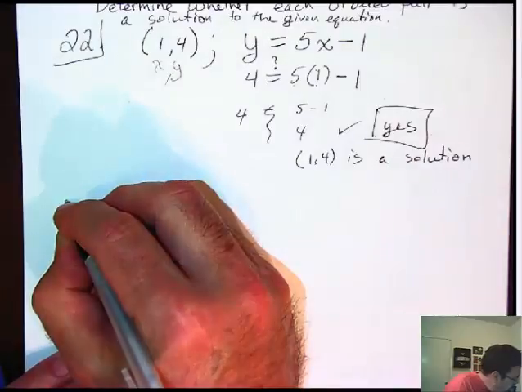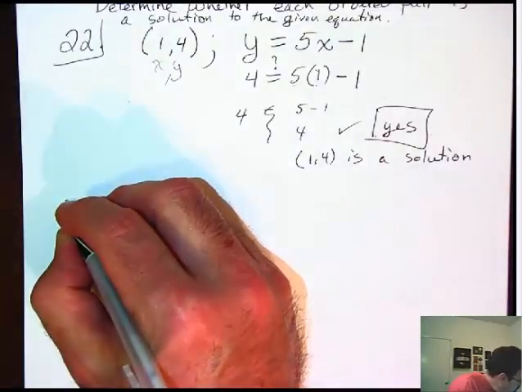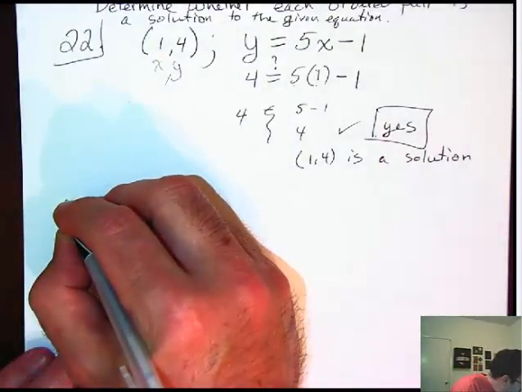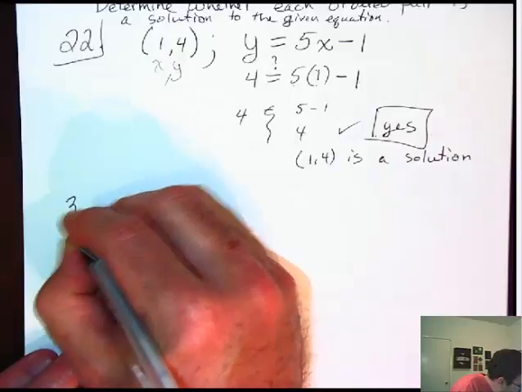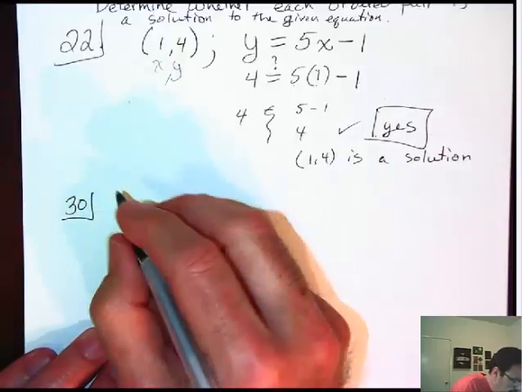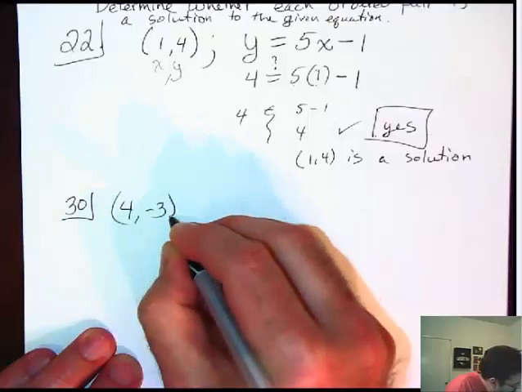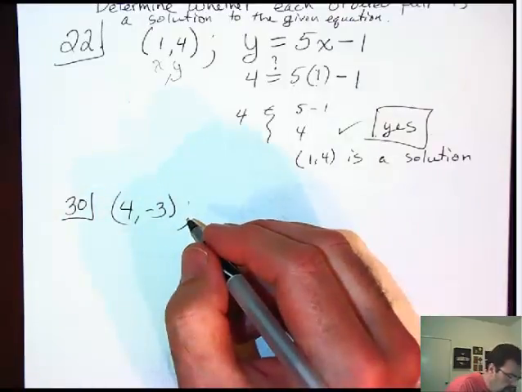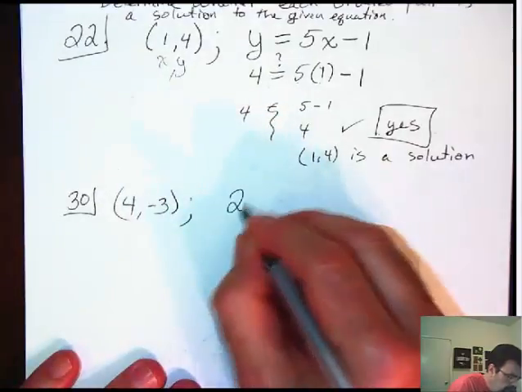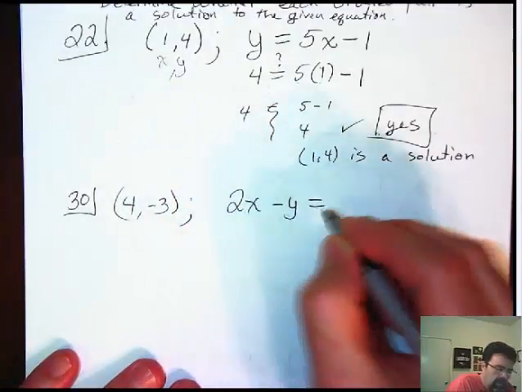So how about number 30? We got 4, -3, 2x minus y equals 11.